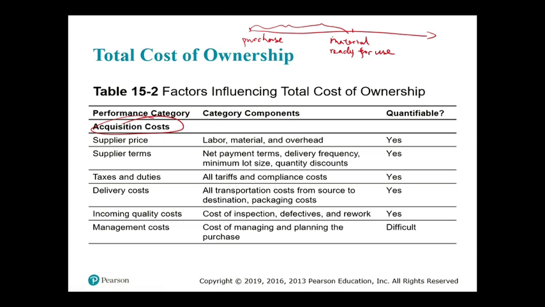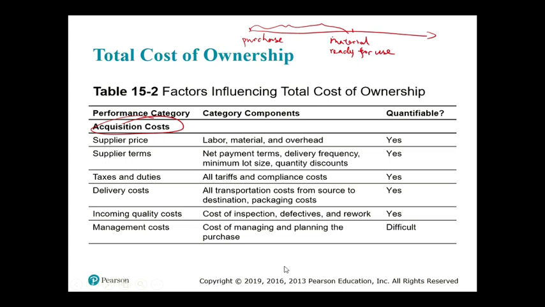So any export or import tariffs, any compliance issues because of the difference in regulations between the different countries. And then there's also the cost of delivery, transportation cost, and incoming quality cost.